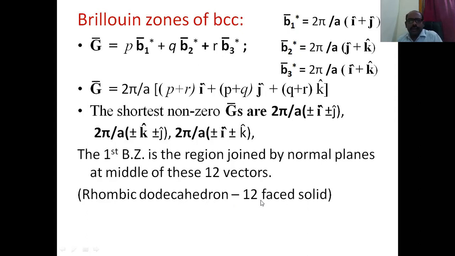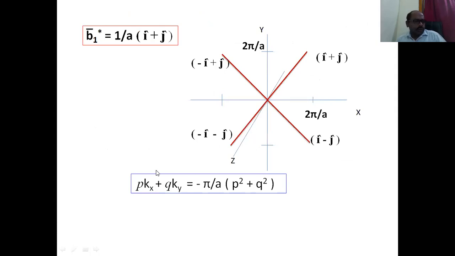So how do we identify this? At first we take this vector, 2 pi by a, actually it should be pi by a only.